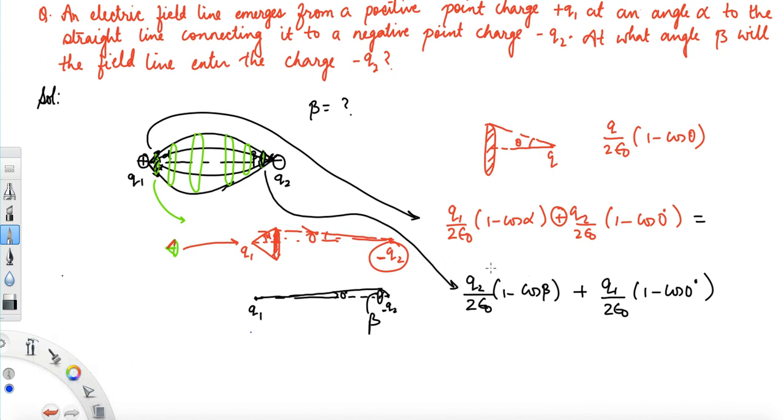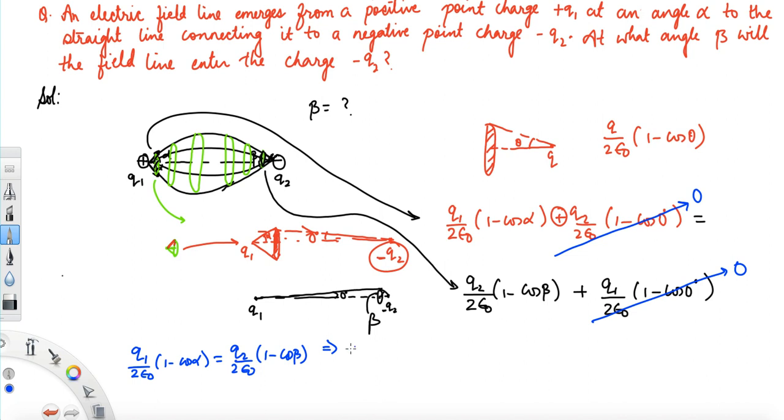Now we can also see that this is going to be 0 because cos 0 is 1, and this similarly is also going to be 0. So we have q1 over 2 epsilon naught times 1 minus cos of alpha is equal to q2 over 2 epsilon naught times 1 minus cos of beta.